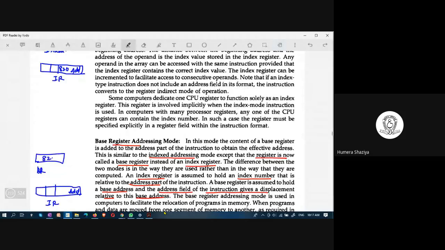Here you will find 820 and here you will find 20. 820 is the base address. The base register holds the base address. The address part will hold the displacement or the index. The effective address is obtained from 20, from the instruction register, and from the base register you obtain 820, which is equal to 840.